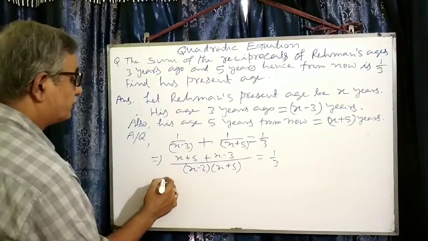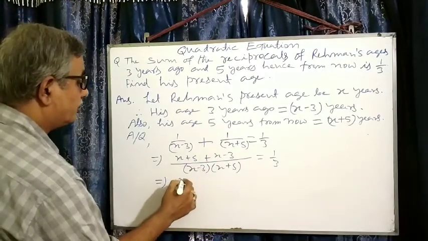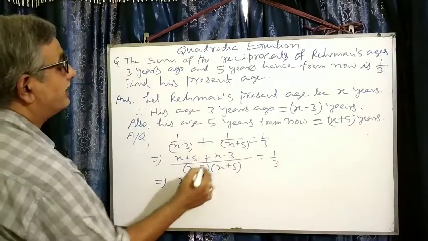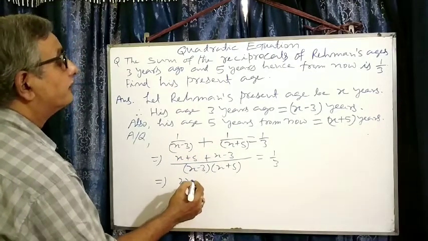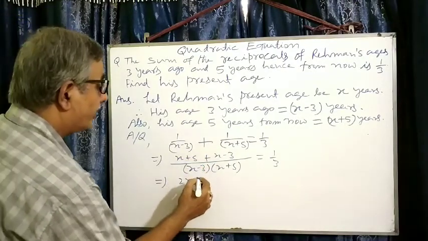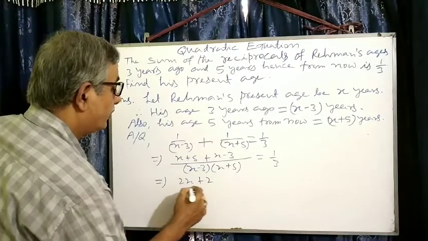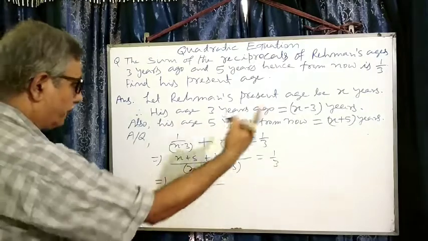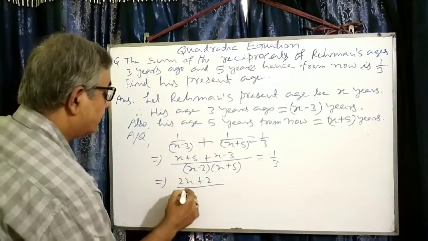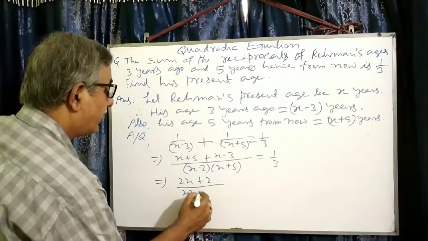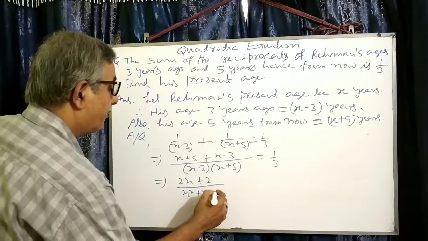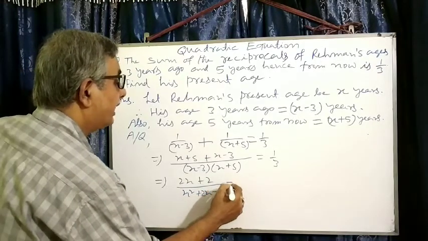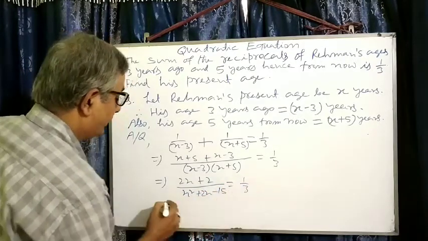Now x plus x, 5 minus 3 you are getting plus 2, and below will be what? You multiply these two. You multiply in the rough, you will get the answer x square plus 2x minus 15, that is equal to 1 by 3.